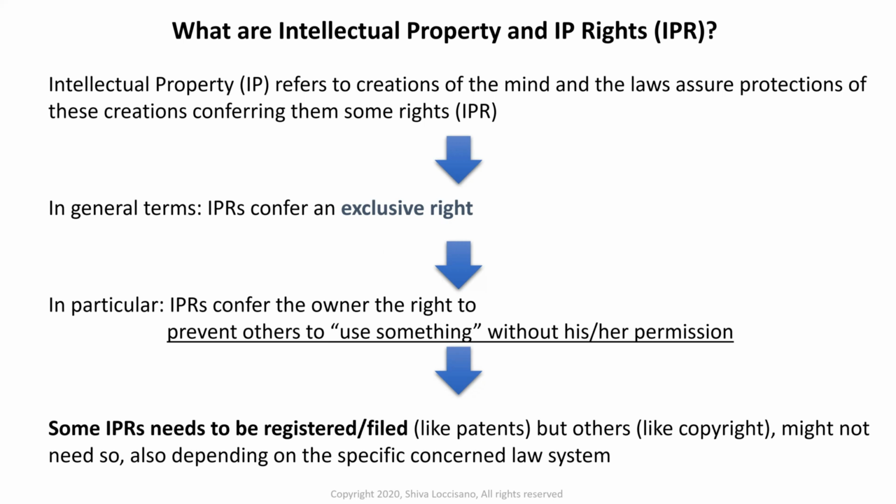Some IPRs need to be registered or filed, we say in technical words, like the patents, for instance, but other IPRs, like copyright, might not need so, also depending on the specific concerned law system. Okay, so we have defined what the intellectual property is and the right that insists on this intellectual property.